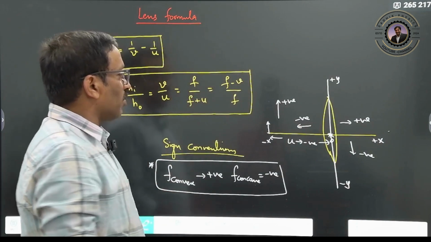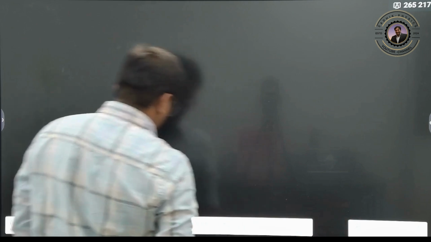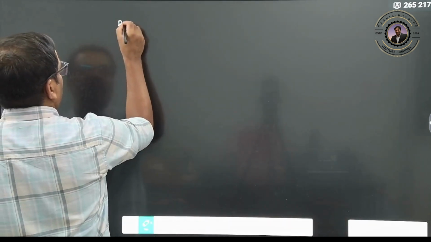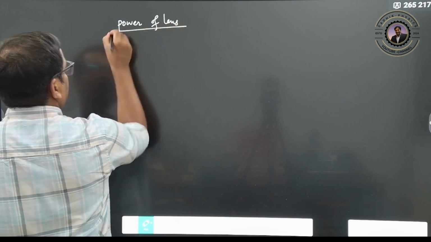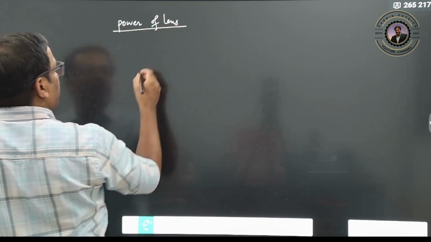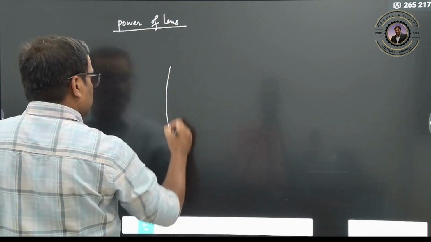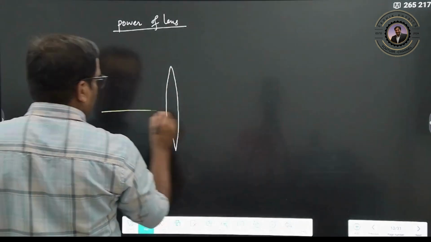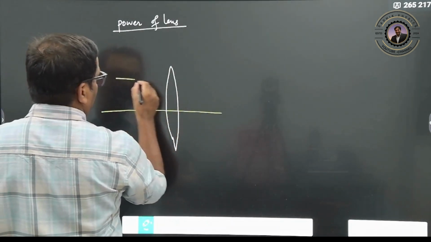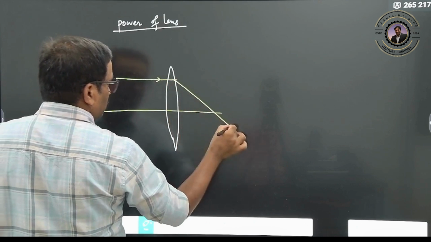One more formula we can write, very important: the power of the lens. So what is the power now? Suppose there is a lens here, so this is one lens, right. If light rays come parallel to this axis, they are going to converge to this point.